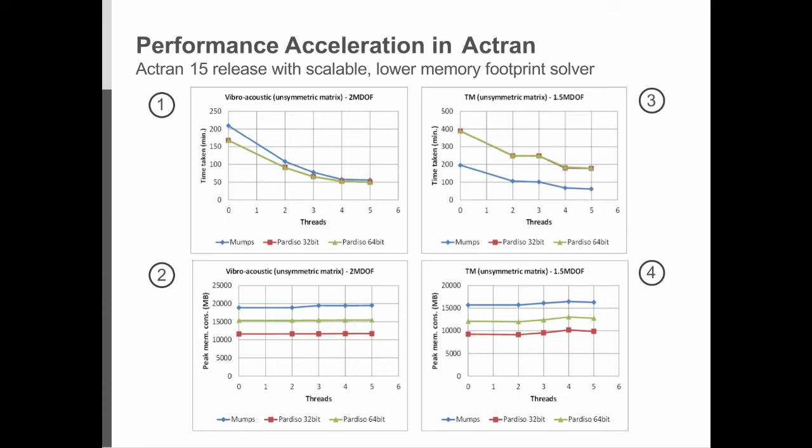So you can see that Pardiso, the 32-bit and the 64-bit version for the problem labeled 1, has very similar performance to MUMPS. For the problem labeled 3, MUMPS is a little faster, but if you look at the charts at the bottom, labeled 2 and 4, we see a significant reduction in memory used by Pardiso in 32-bit and 64-bit mode as compared to MUMPS.